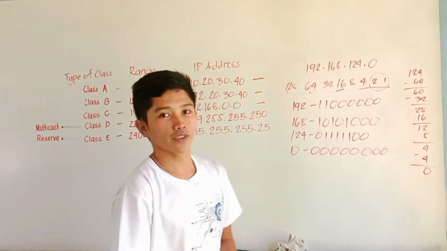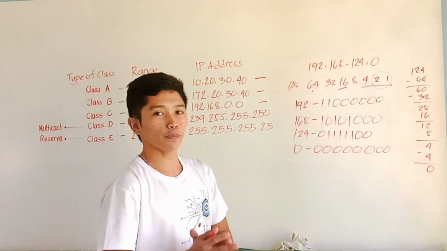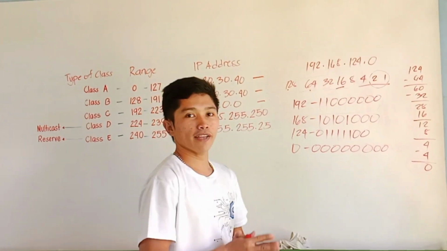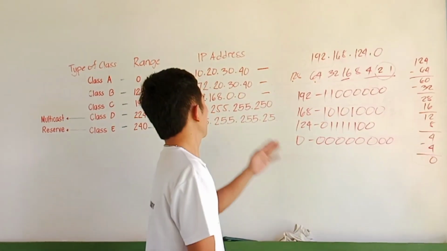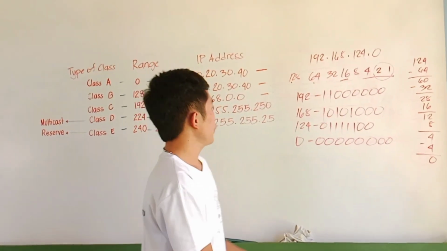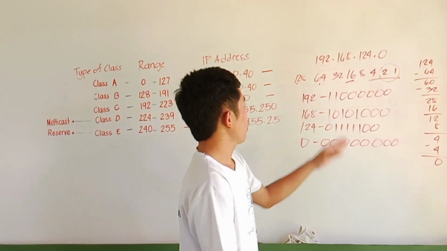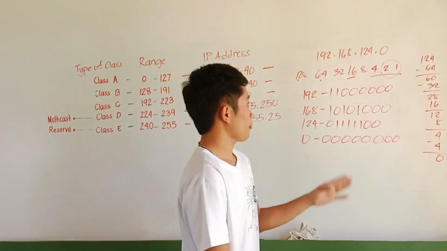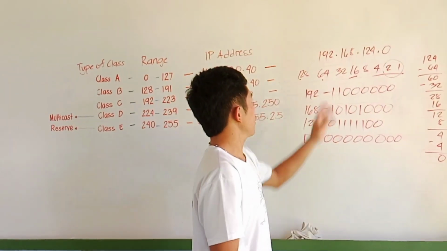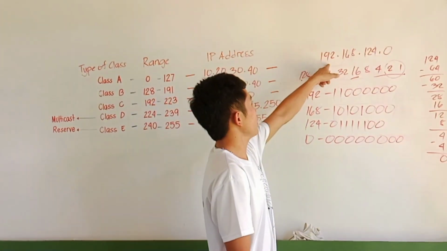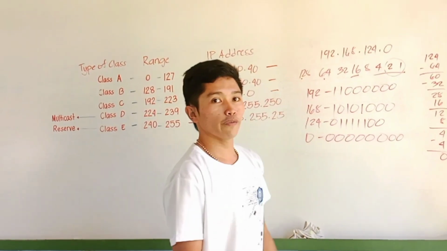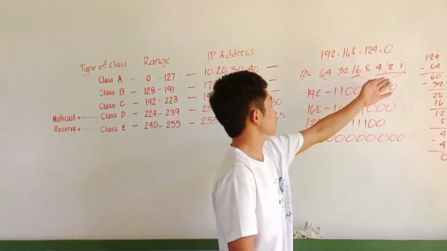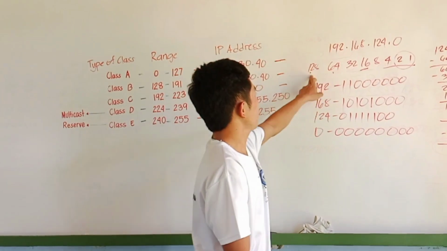And take note, if you are going to convert an IP address to binary for IPv4, you will use 1 to 128, because each octet of this IP address is composed of 8 bits. That's why we need to use 1 to 128.